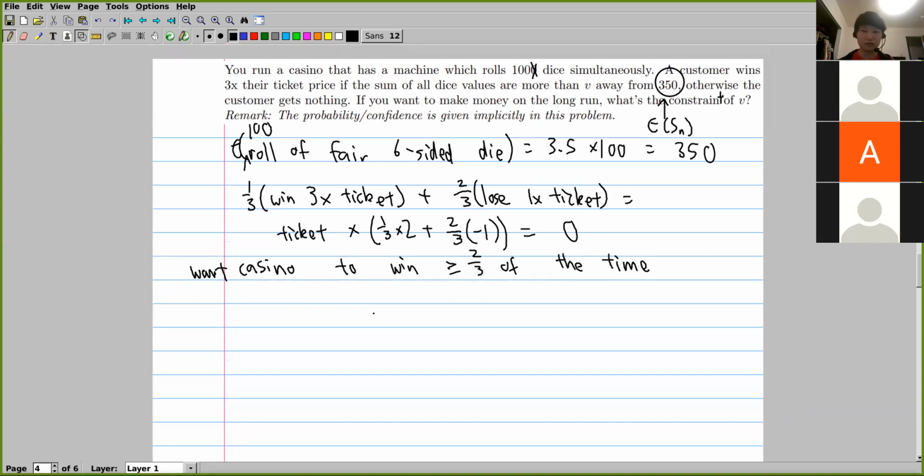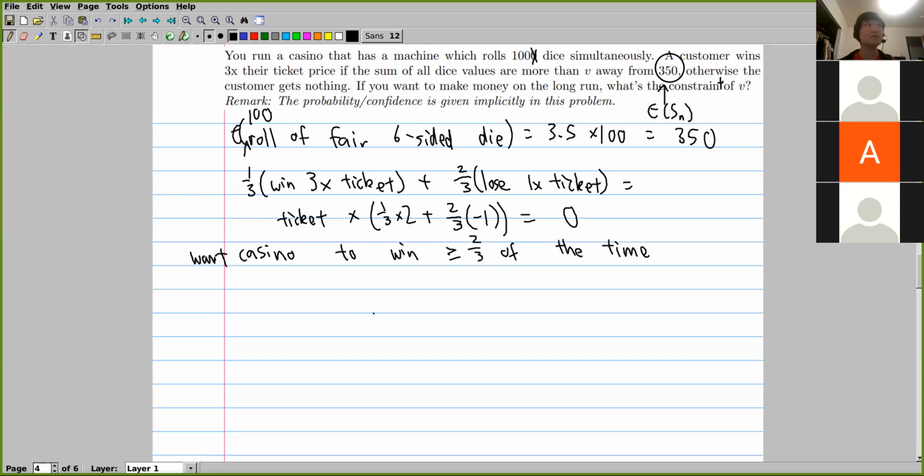That is true, but we want to make it as tight as possible to make the customers think they have a chance. Generally in confidence intervals, you can make the interval wider, but you want the narrowest possible interval, as tight as possible.